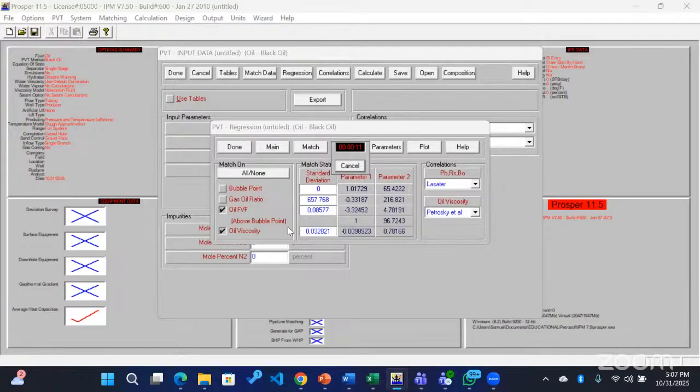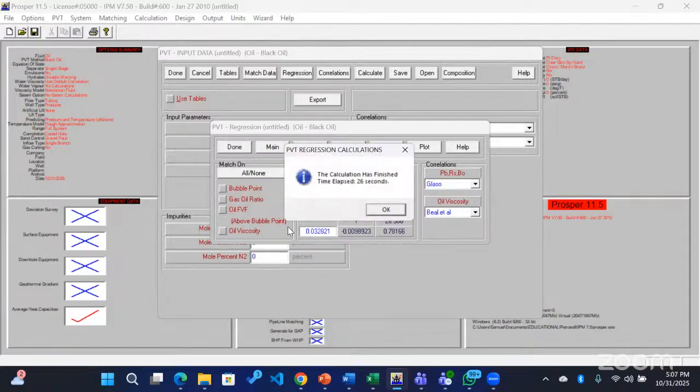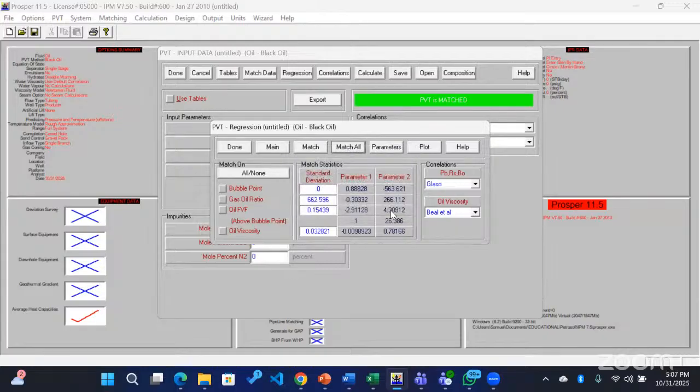It takes a couple of moments to do that. All right, in 26 seconds, calculated for all the correlations.